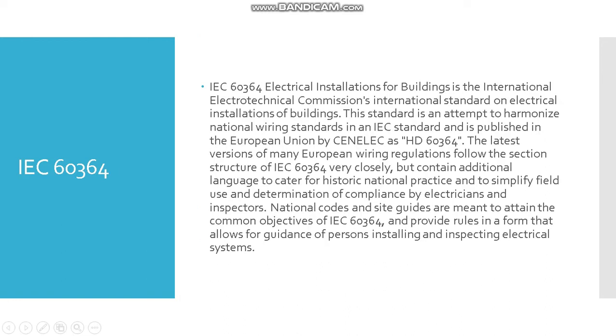Okay. So next is the IEC 60364 for the design, erection, and verification of LV electrical installations. So the IEC 60364 Electrical Installations for Buildings is the International Electrotechnical Commission international standard on electrical installation of buildings.